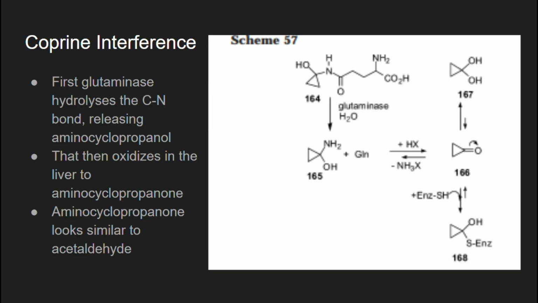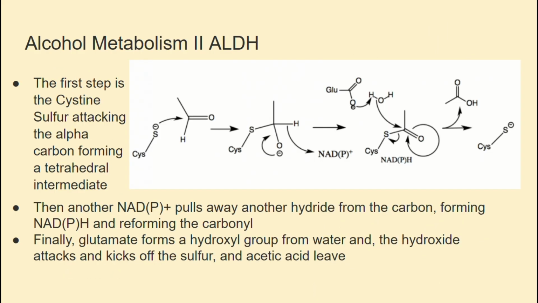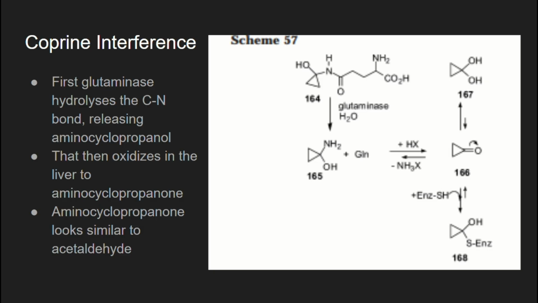So, with alcohol coming in and being oxidized into acetaldehyde by alcohol dehydrogenase, and then not being able to get converted into acetic acid with aldehyde dehydrogenase, because it's all being bound up with coprine, this causes aldehyde concentrations to spike and you to get a hangover really quickly, within a few minutes, like 5 to 15 minutes of drinking.